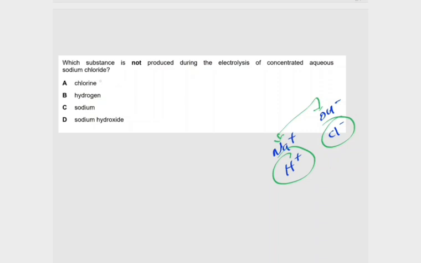So it will produce chlorine, hydrogen, and sodium hydroxide, but it will not produce sodium. So sodium is not produced in the electrolysis of concentrated aqueous sodium chloride.